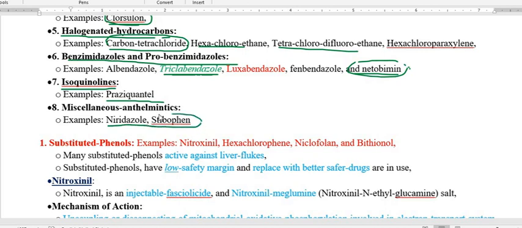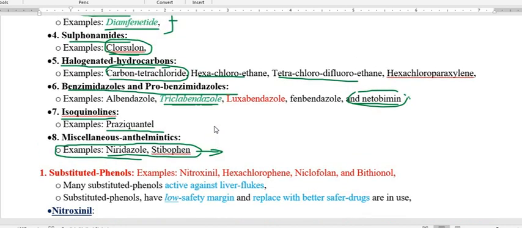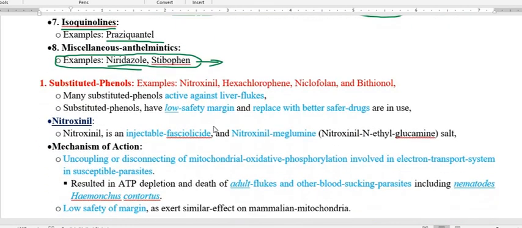Regarding these two drugs, they are usually not much in use and are occasionally used for flukes, particularly schistosomes. So niridazole and stibophen are antitrematodals occasionally used for schistosomiasis. So this is all about the classification of antitrematodal. Now we have to go through them one by one. So first one is the substituted phenol.